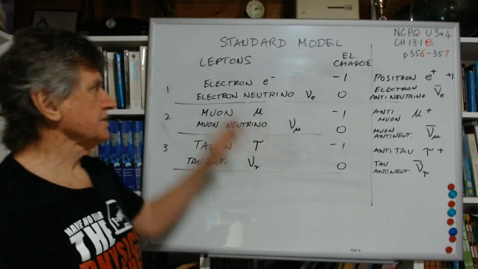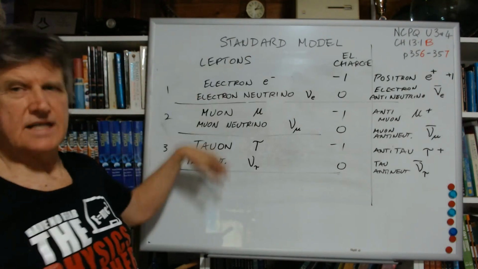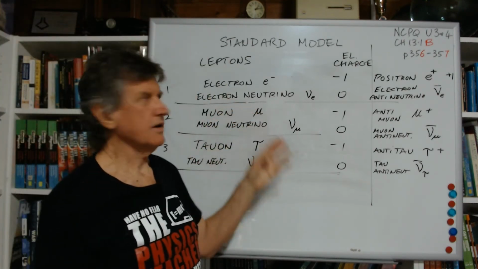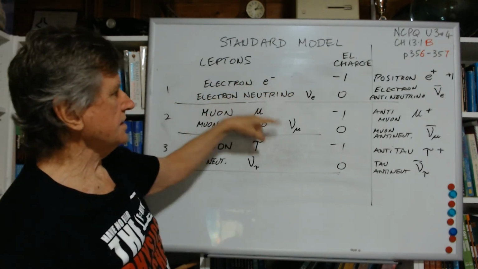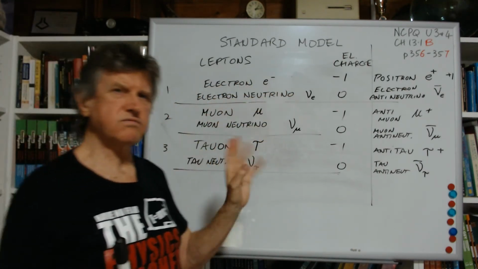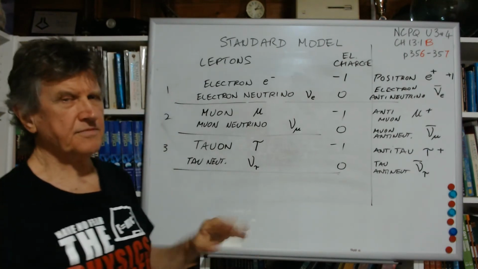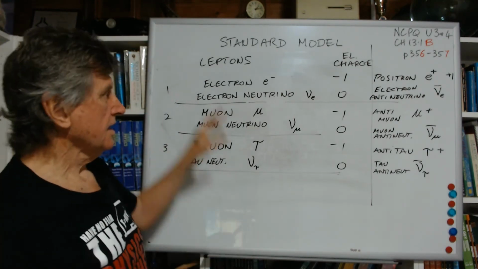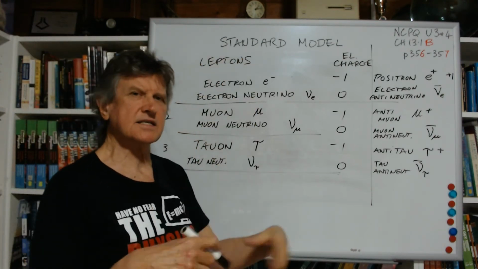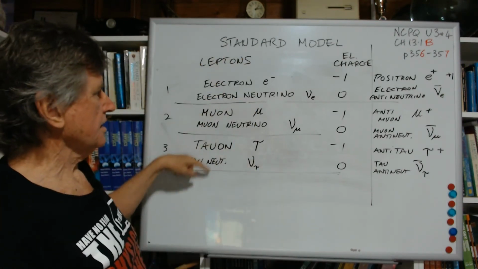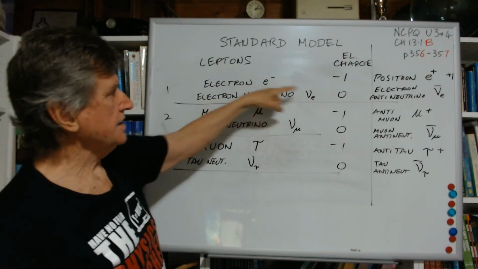The syllabus just says list the 6 leptons. So you'd list these 6 here. You could probably get away with listing the 6 symbols, but some years they might get a bit funny and want you to have the words, depending on the way it's written. If it just says list the names, I'd be putting these as the names and these things as the symbols.